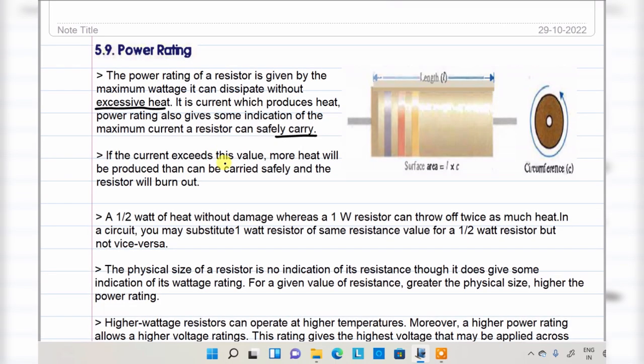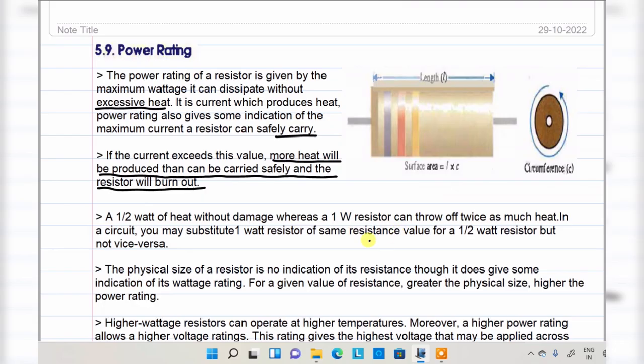Next, if excess current flows through the particular resistor, what will happen? More heat will be produced than can be carried safely, and the resistor will be burned. Very important: if you connect a resistor and a very high amount of current flows, more than the indicated power rating, the resistor is going to be burned.